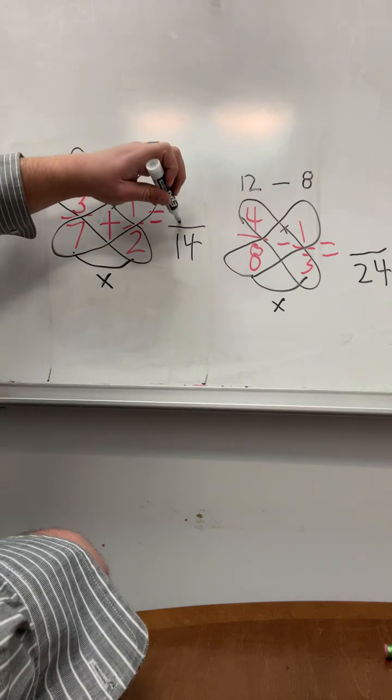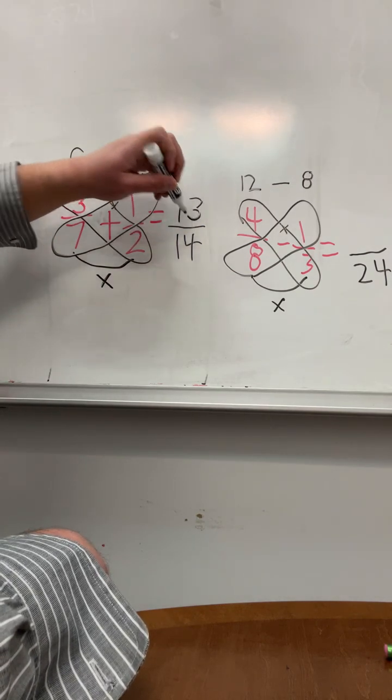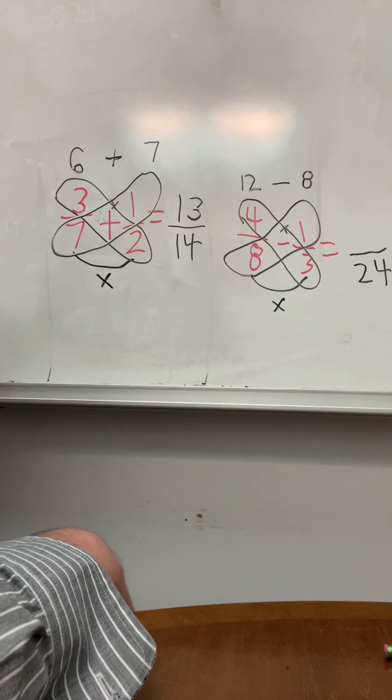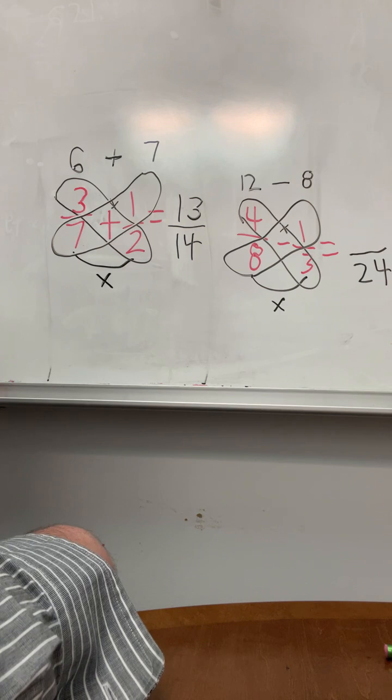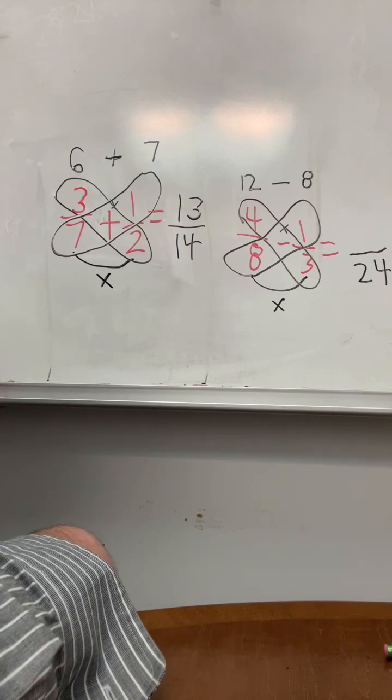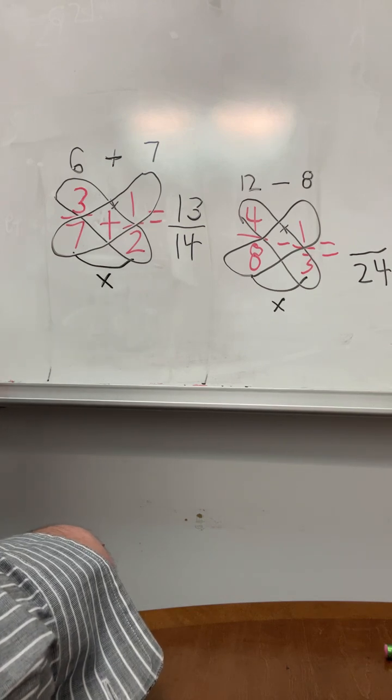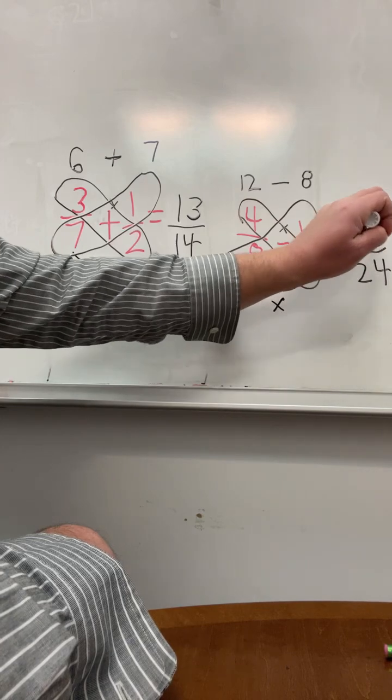6 plus 7 equals 13. For the subtraction problem, 12 minus 8 equals 4.